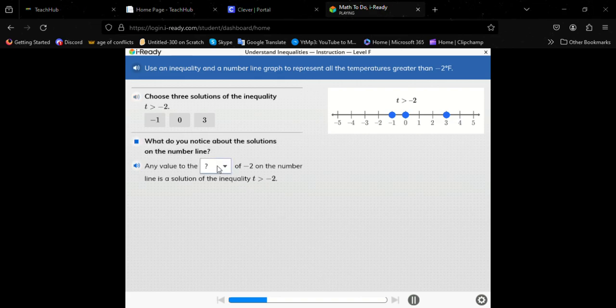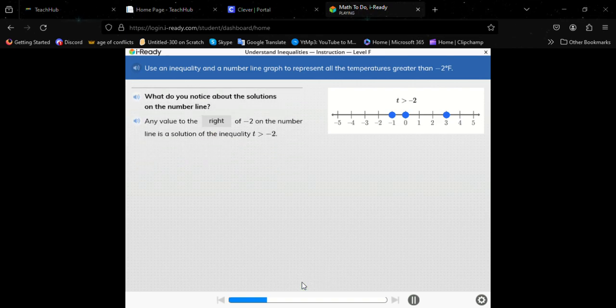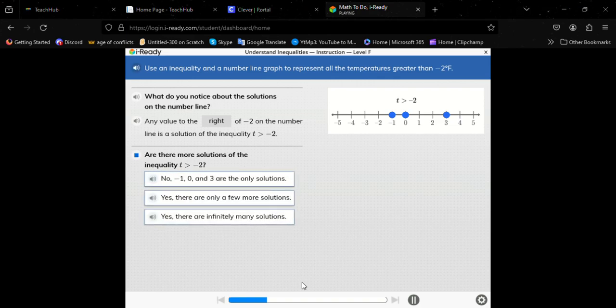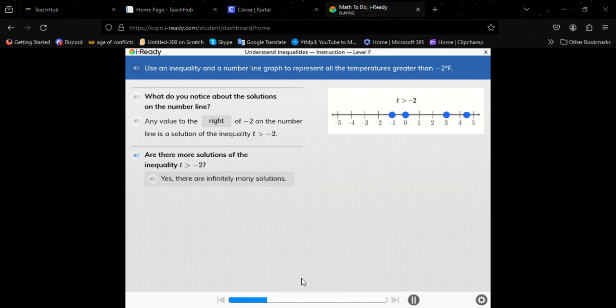What do you notice about the solutions on the number line? Are there more solutions of the inequality T is greater than -2? There are infinitely many points to the right of -2 on the number line, so there are infinitely many solutions.